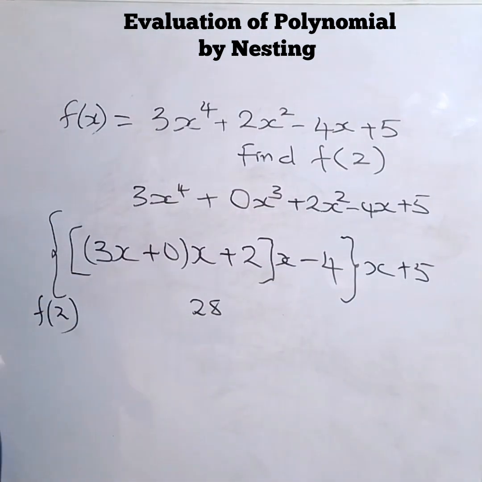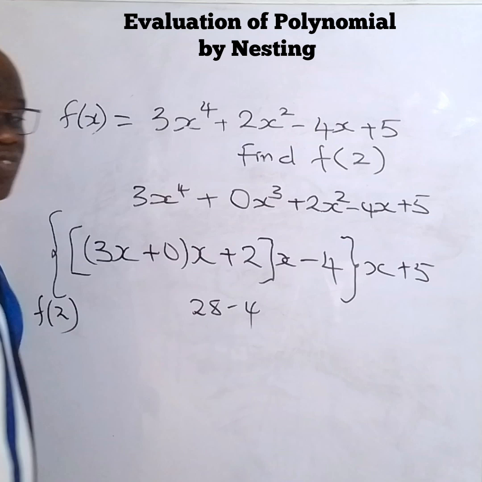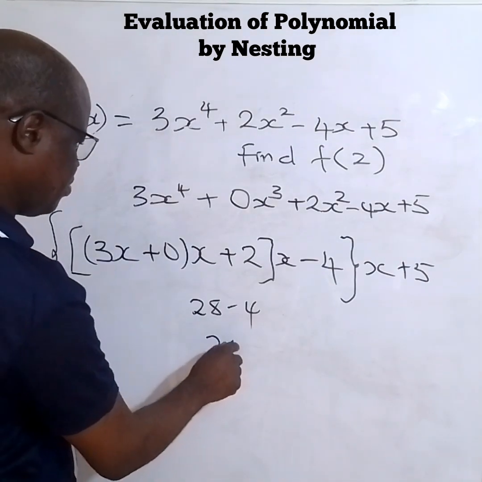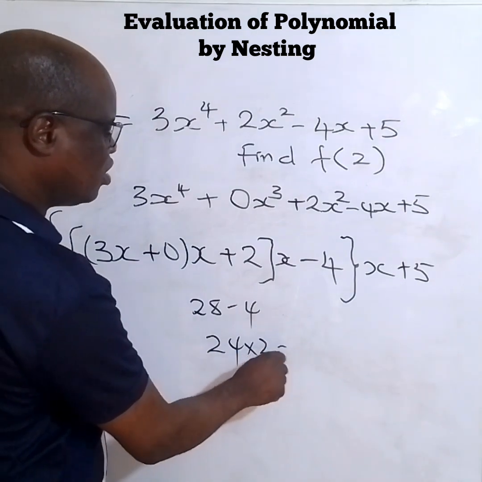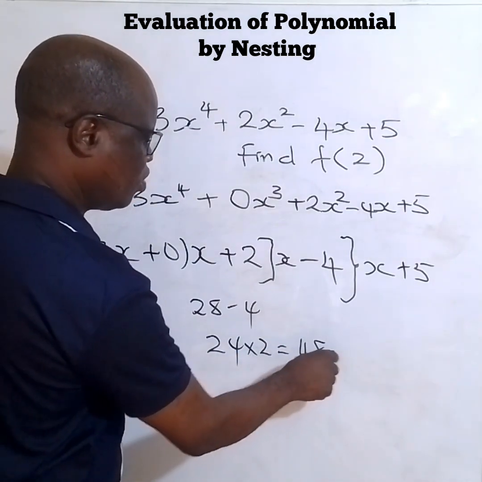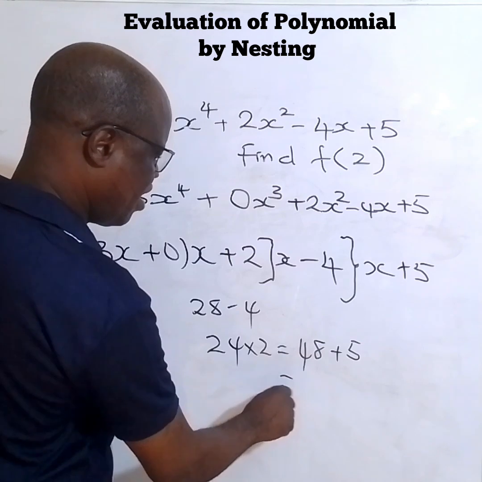So 28 minus 4, that is 24. Then 24 multiplied by 2, that's 48. 48 plus 5, that's 53.